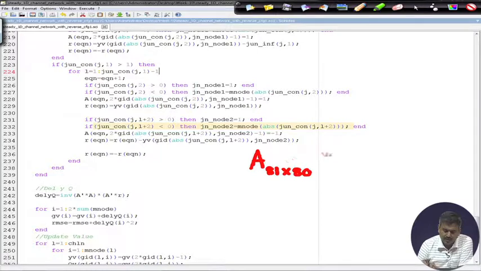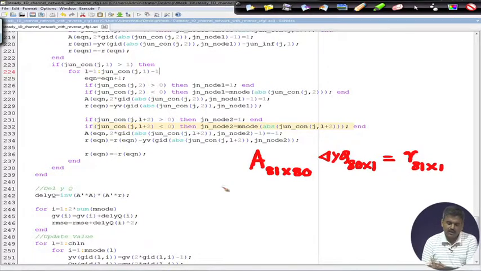So, in this case this is del YQ, which is of size 80 into 1, and right hand side is R, again 81 into 1. What I can do? I can just multiply A transpose on both sides.